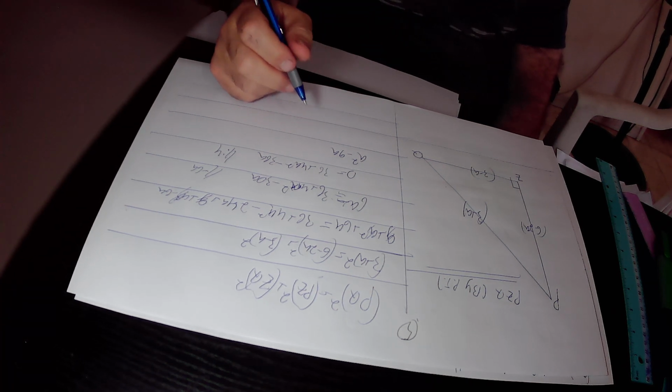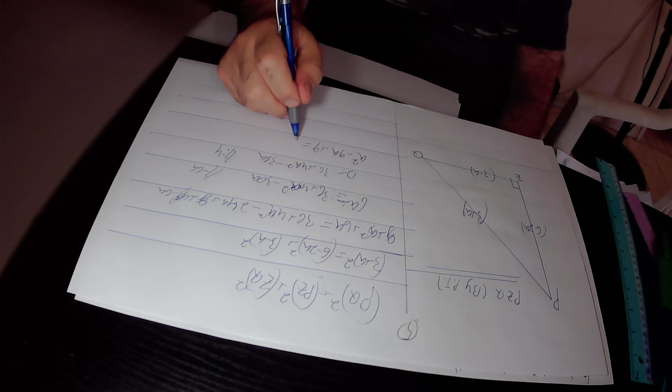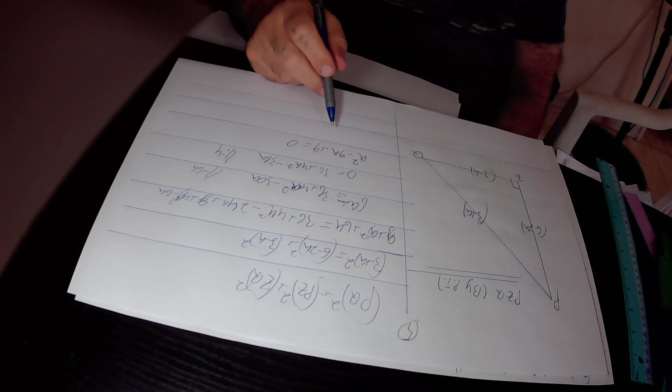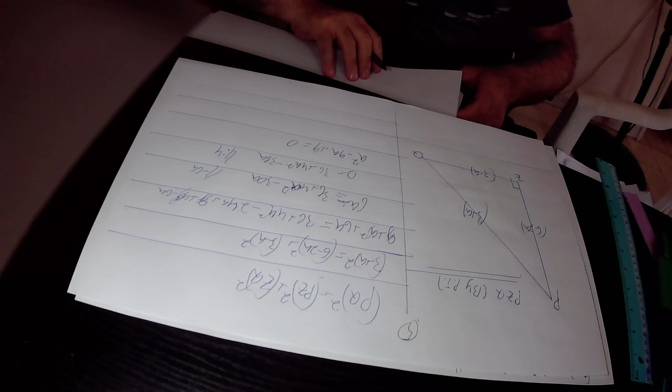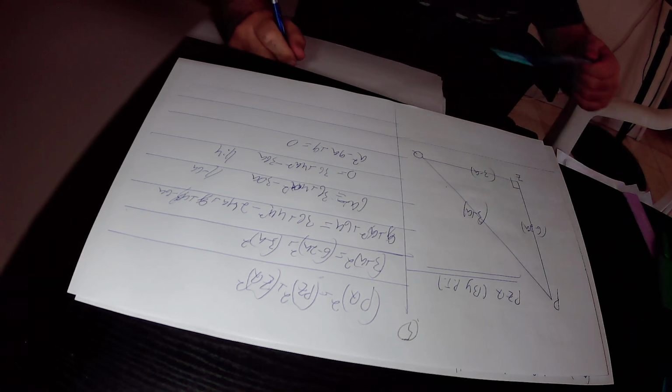And 36 over 4 is 9. 0 over 4 is 0. So in conclusion, we found that a squared minus 9a plus 9 equals 0. So actually, this is a quadratic equation.